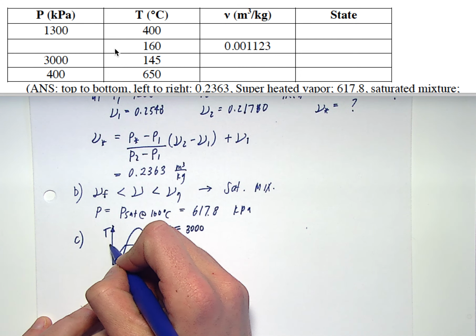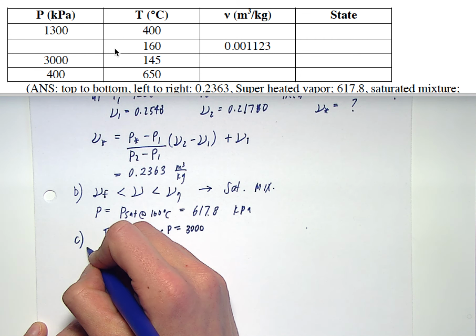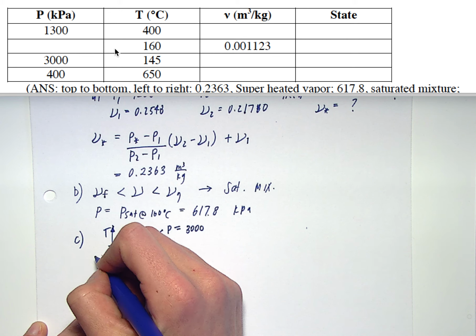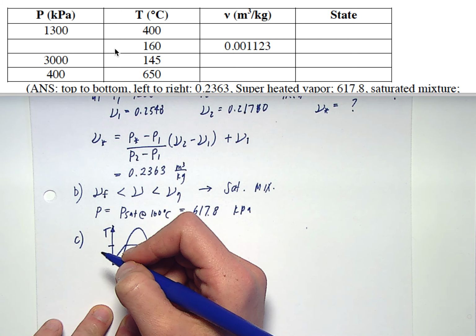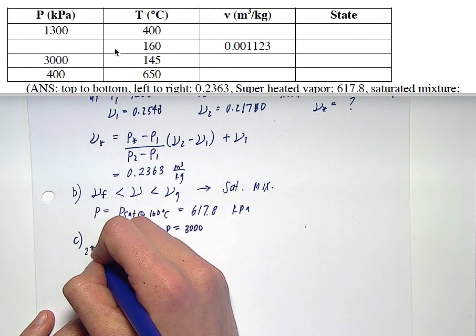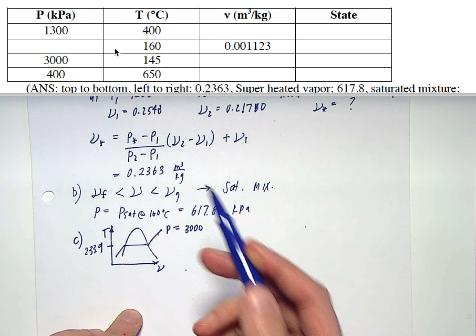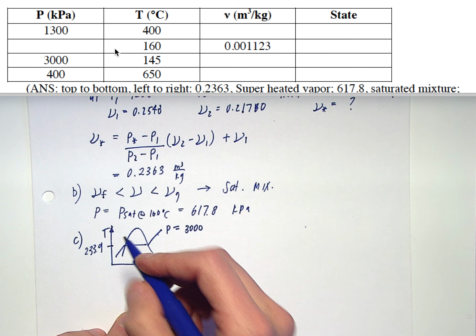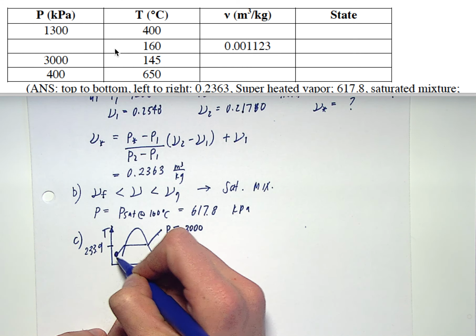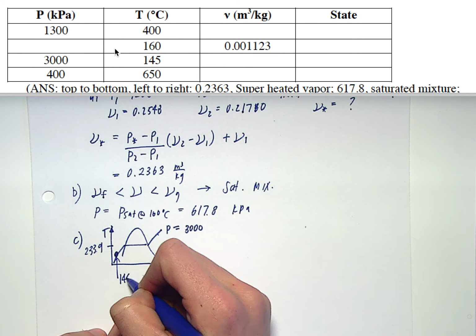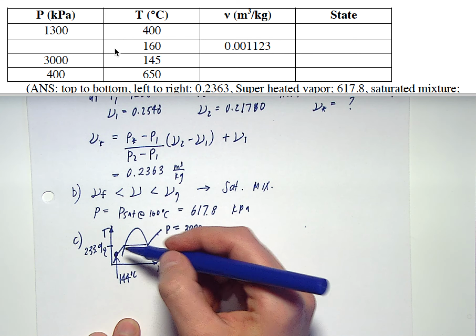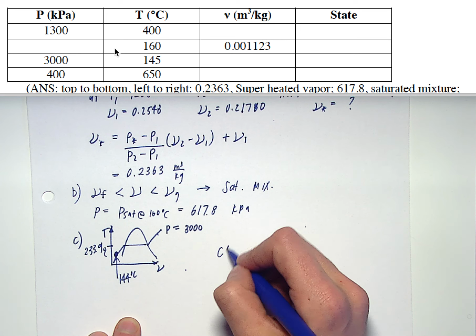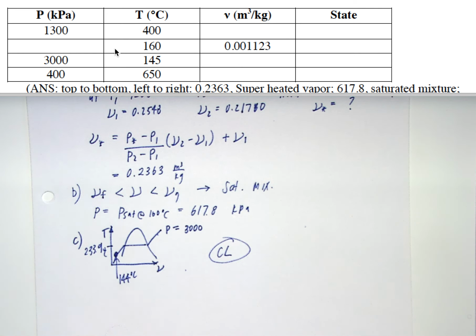And we saw that the saturation temperature for 3,000 was 233.9. And the temperature in the problem was 144. So that means that it was somewhere below the saturation temperature, which means it's in the compressed liquid region.